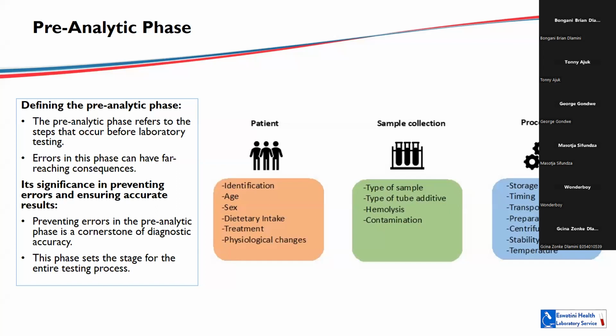So that's why we say the laboratory is a no-zone for errors. We should try to eliminate them as much as possible. We'll be looking at quality assurance soon. If we have those programs running, we will be able to limit these errors.